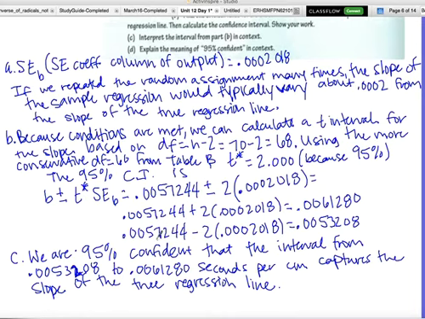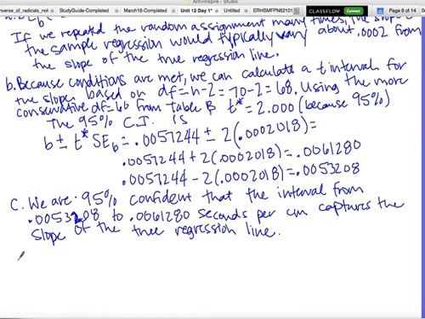So then D asks us to explain the meaning of 95% confident in context.